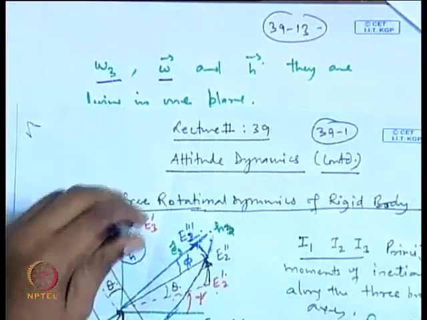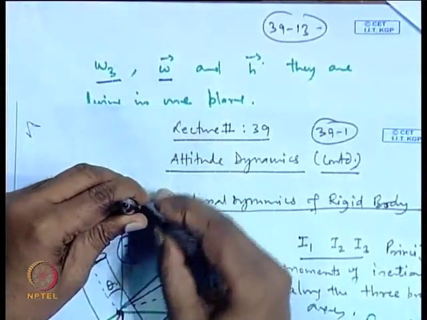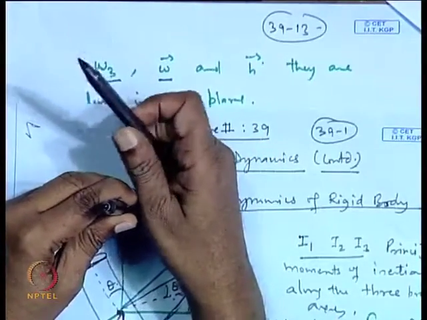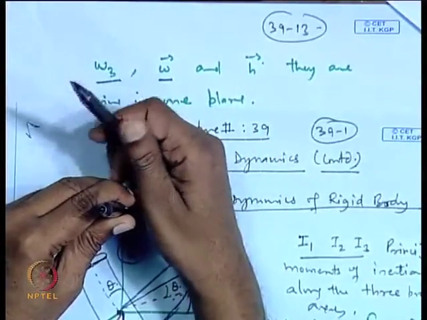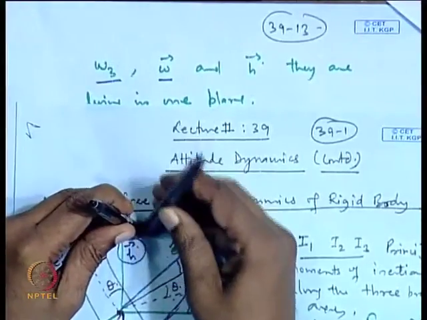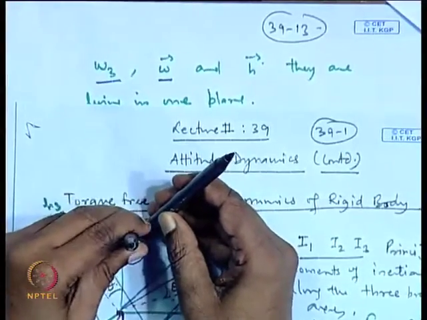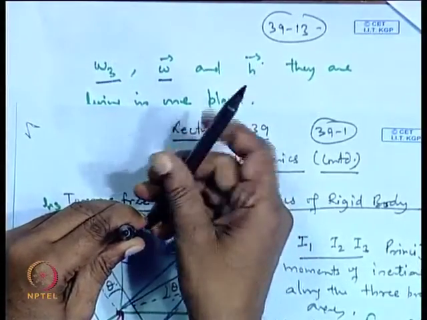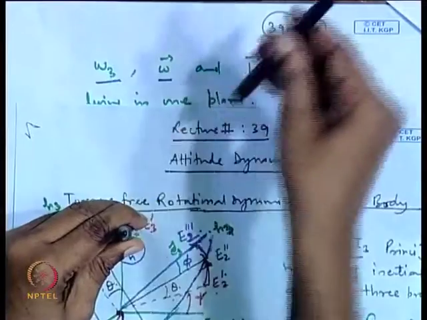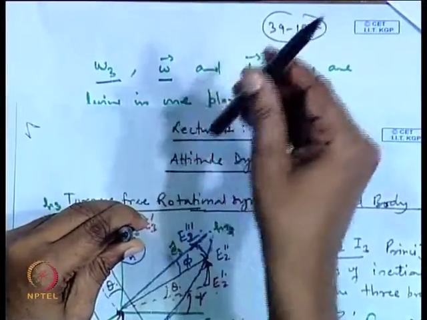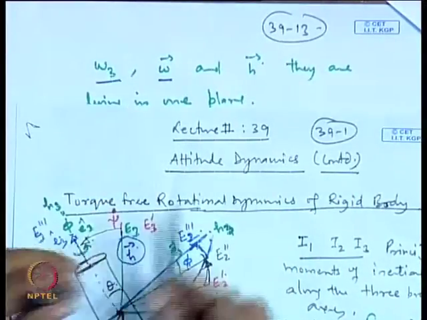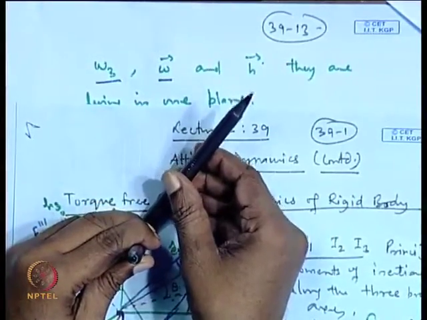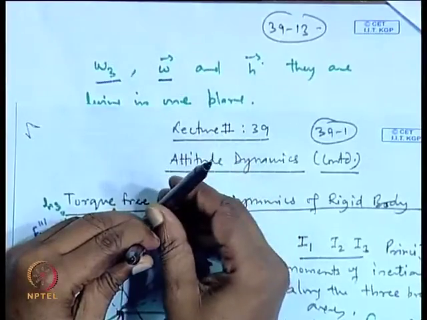So, if the body is rotating around this in this way, and also it is spinning on its own axis, like this, you can imagine what is happening. This is your h vector, and the omega 3 vector is along this direction, which is lying along the third body axis. And omega is another vector whose component is the omega 3.